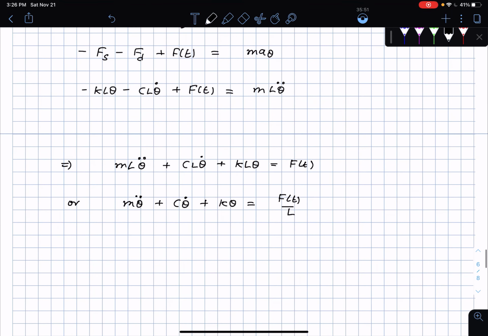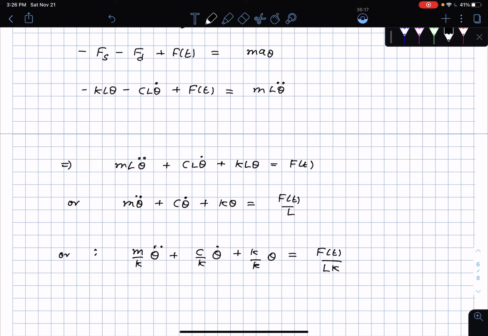If I want to write it in the standard form, I can divide through by the stiffness, and I can say this is m by k theta double dot plus c by k theta dot plus k by k theta is equal to F of t by l times k. This is the point where we will start writing the damping ratio and so on.